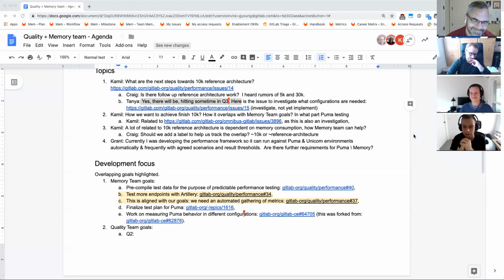So my recommendation is we should focus more on documenting everything, starting with some first iteration of the data set, starting with more endpoints, documenting and really asking more people for help.